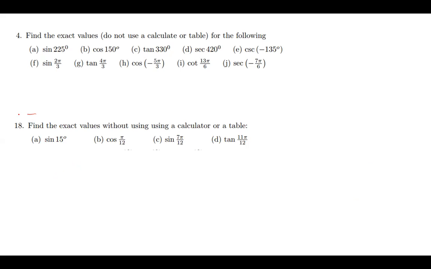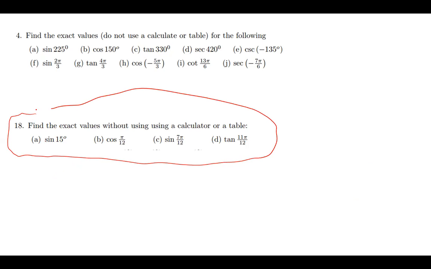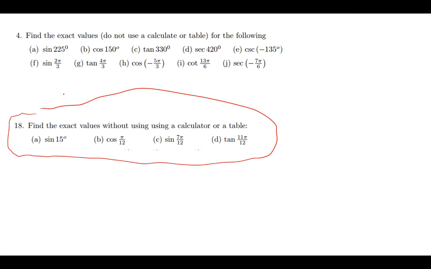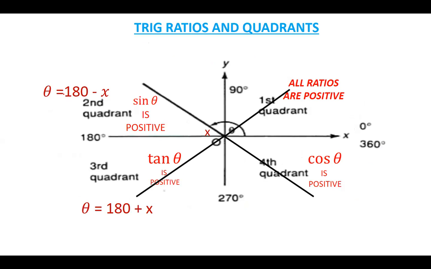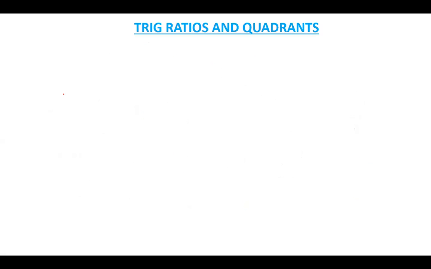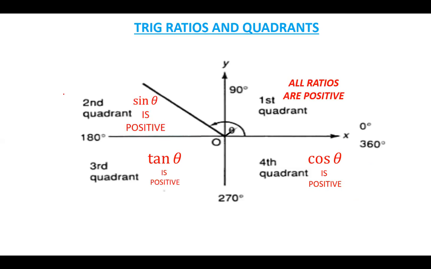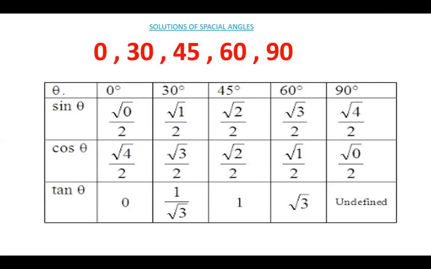Before we solve this question 18, there's something that I want us to learn first. I didn't put something in this. Anyway, let me just explain what I was supposed to put.